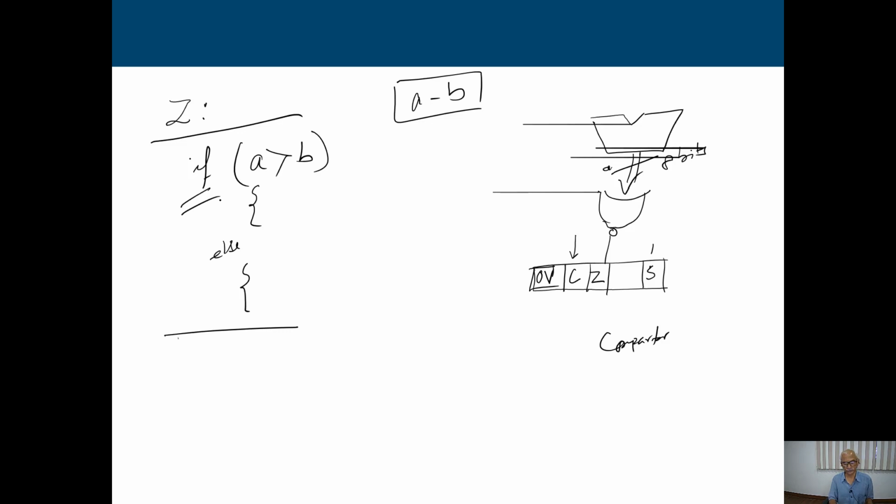Because we don't have any instruction called if in my processor, we are going to see what conditional instructions we will design, so that with their help we can implement such high-level programming constructs.